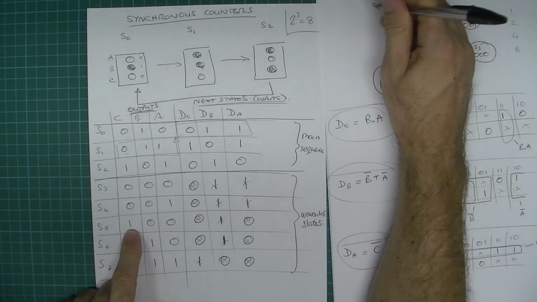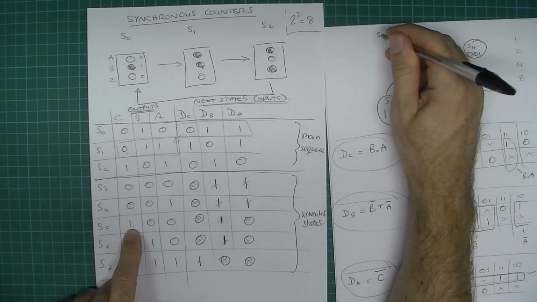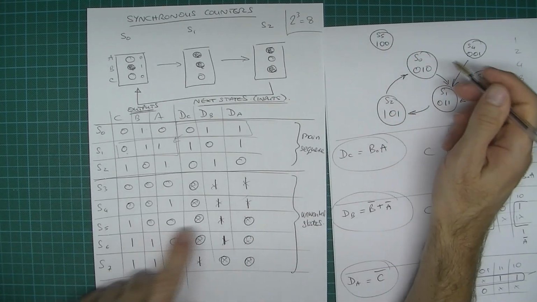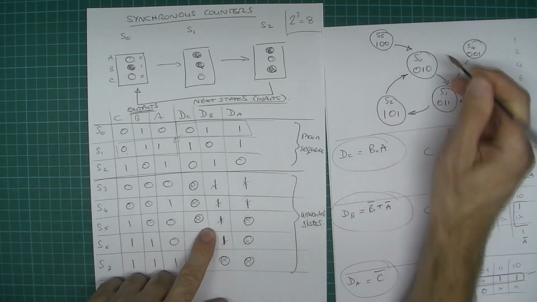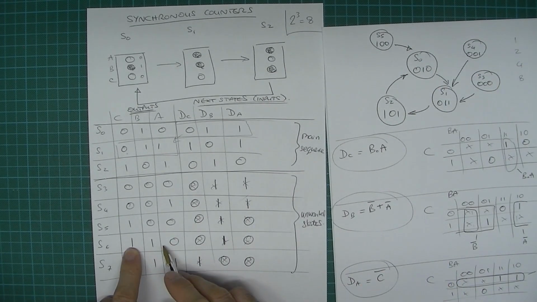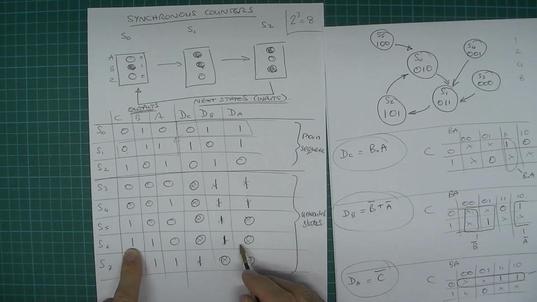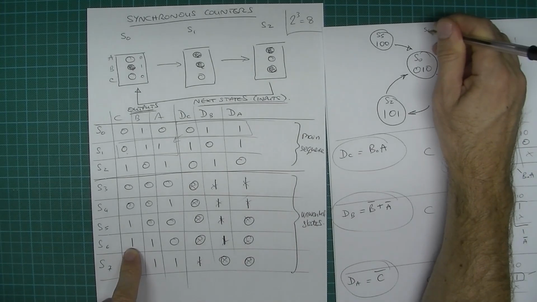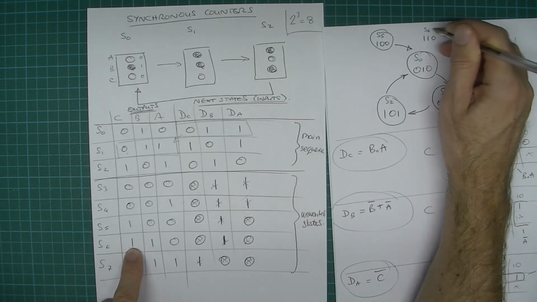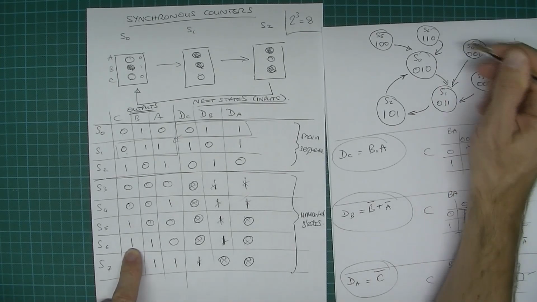So state 5, which is 1, 0, 0, that's going to go to state 0. What have we got next? State 6 will go to 0, 1, 0 as well. So state 6 is 1, 1, 0, and that will go there.